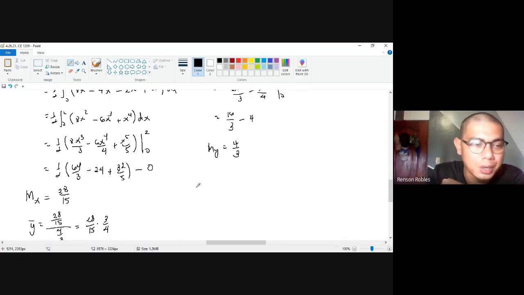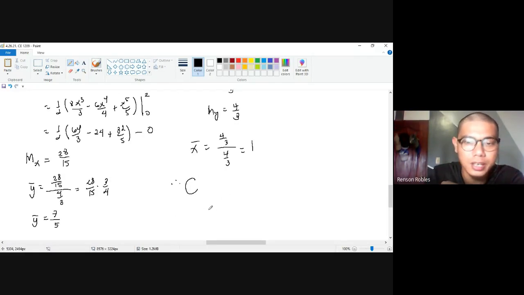Therefore, bar x is equal to 4/3 all over the area. It's still 4/3. So that is equal to 1. So therefore, the centroid is located at 1, 7 over 5.